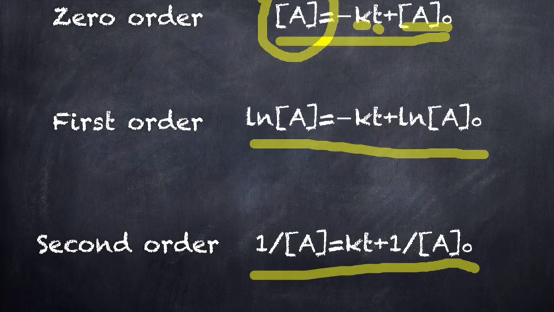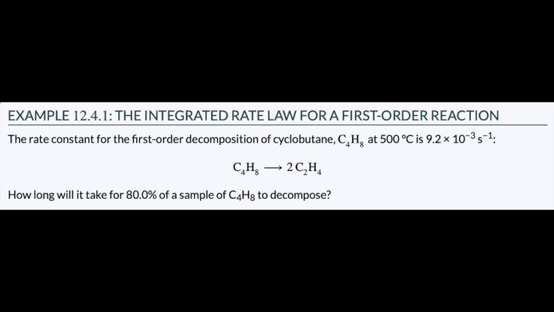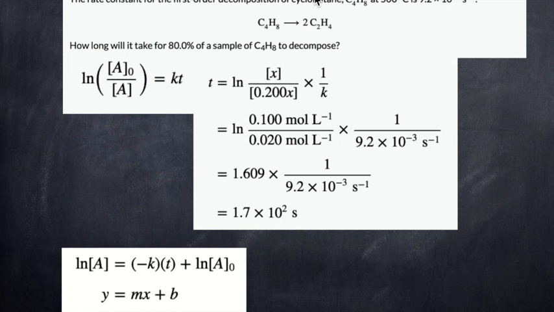So now we'll look onto this problem. You just have to plug in the values and isolate the variable you have to find. Like for this example, you have to know time because it asks for the length of time. So you only have to look for k, A naught, and A. So k is given, which is 9.2 times 10 raised to the negative 3.